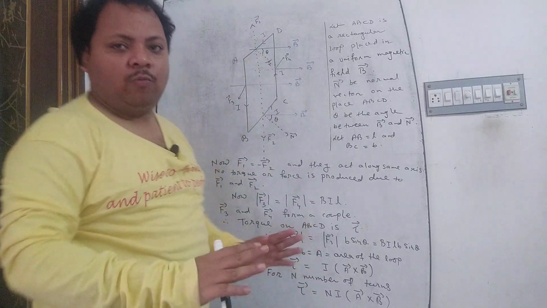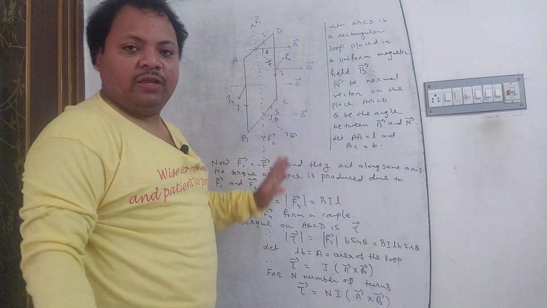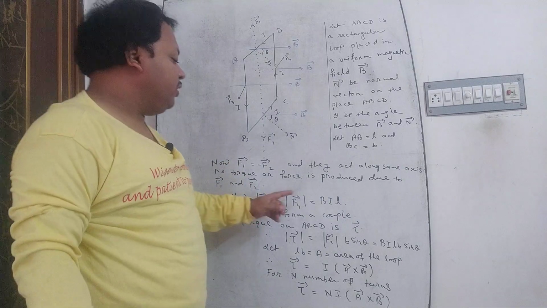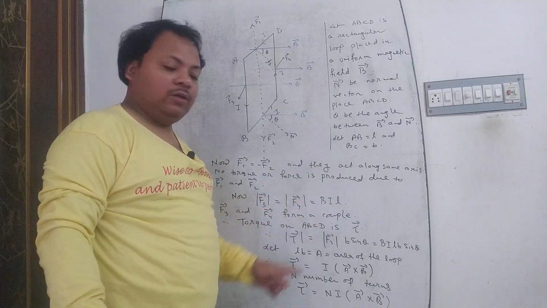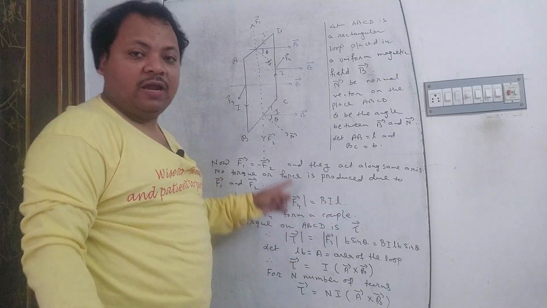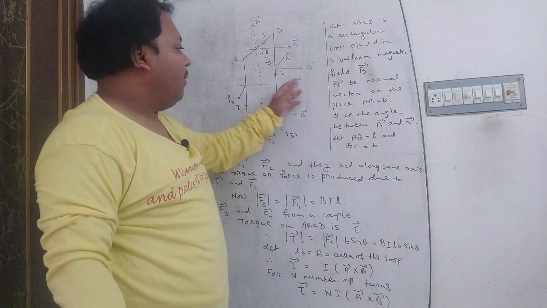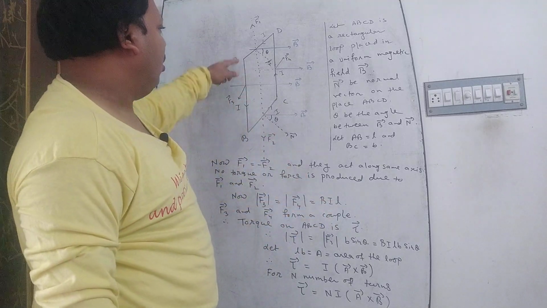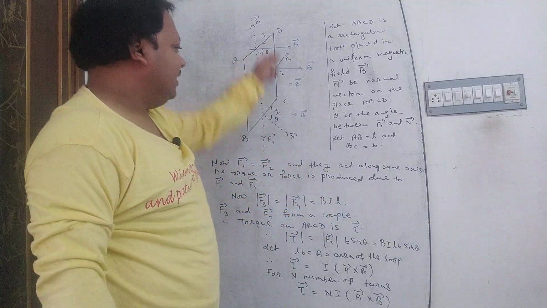Now the magnitudes of F3 and F4 are the same, equal to BIl. Here B is the magnitude of the magnetic field, I is the current and l is the length of AB or CD.